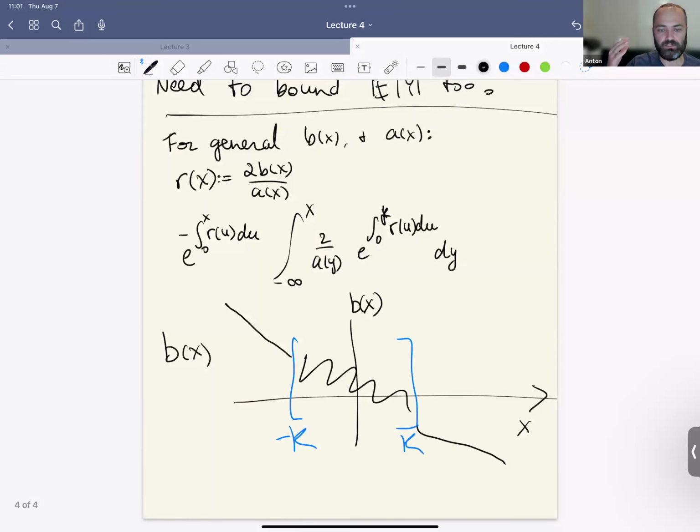So this is the general idea, and specifically, if we focus on x less than or equal to negative k, b of x should be less than or equal to b of y. So this is an assumption. Assume that the drift is monotonic outside of some compact set. Then what can be done?